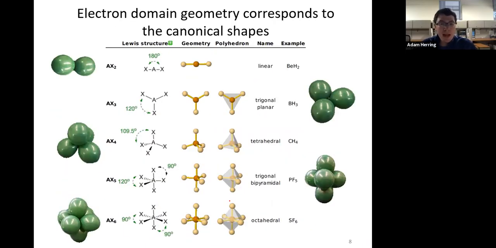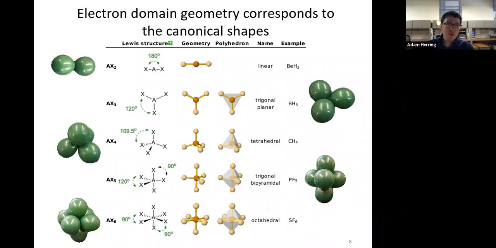So to recap, we have here the electron domain geometries, what we call the canonical geometries, or the canonical shapes. You are expected to be able to determine for any molecular formula what the electron domain geometry is, as well as talk about the angles between the elements.